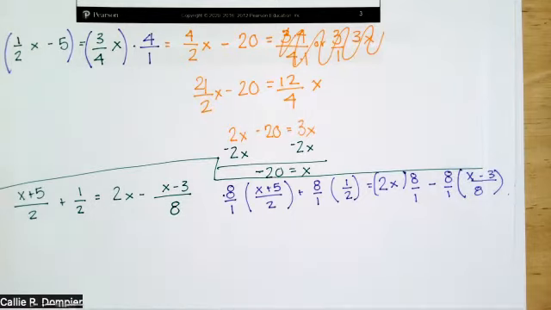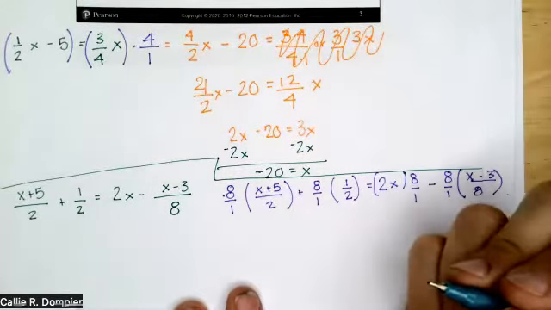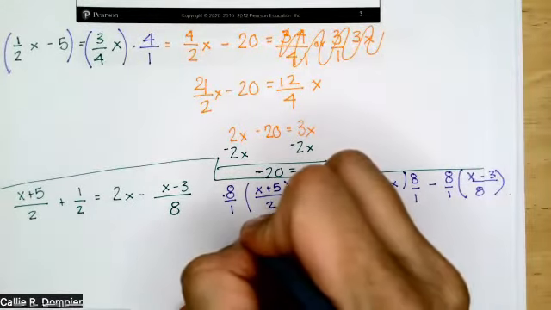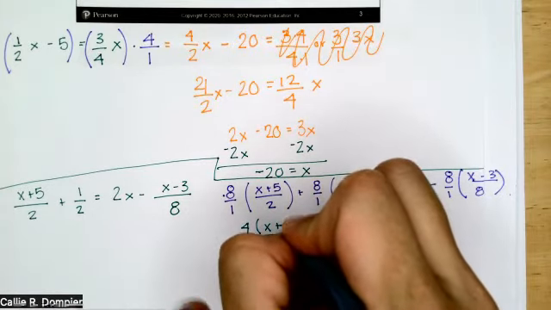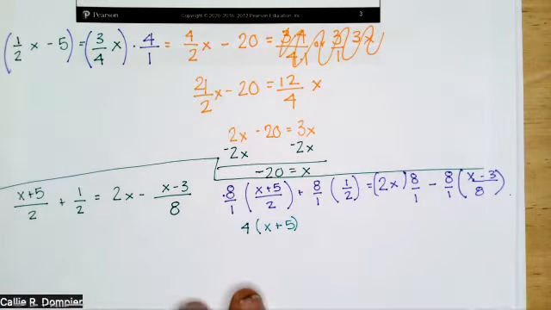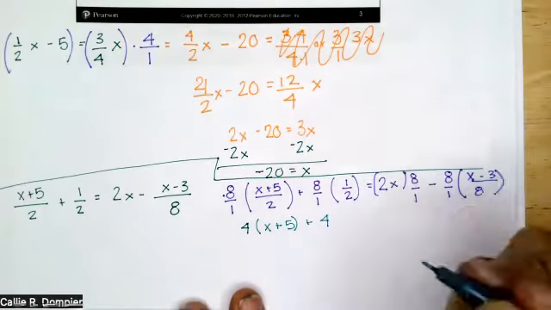Okay. 8 divided by 2 becomes 4, right? So we can call that 4 times x plus 5. Is that okay? 8 divided by 2 is again 4, so that just becomes 4.